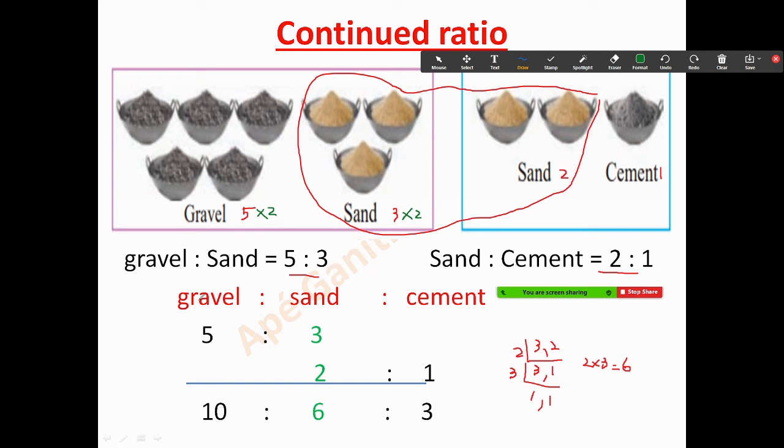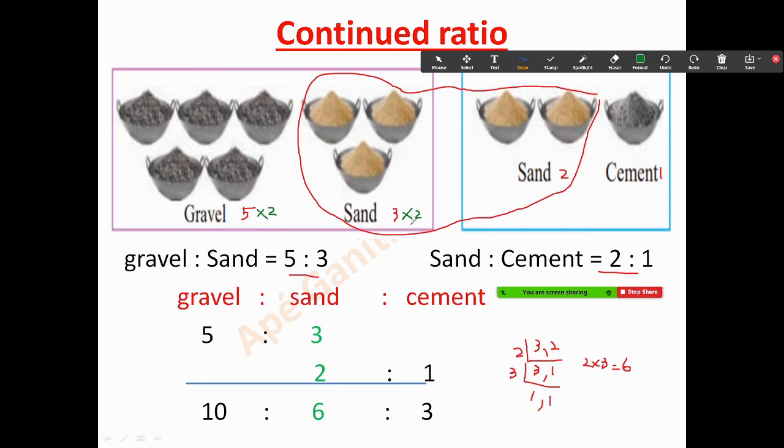In this step, for gravel to sand, write the three labels this way: gravel to sand to cement. Gravel in this ratio is 5 parts, so write 5. Sand is 3 parts, so write 3.